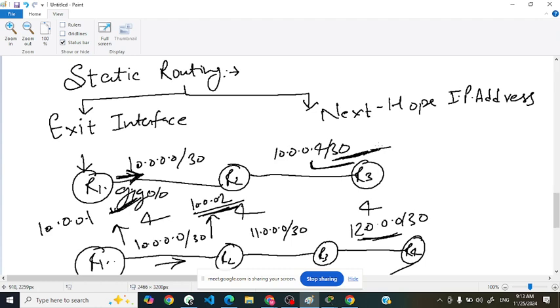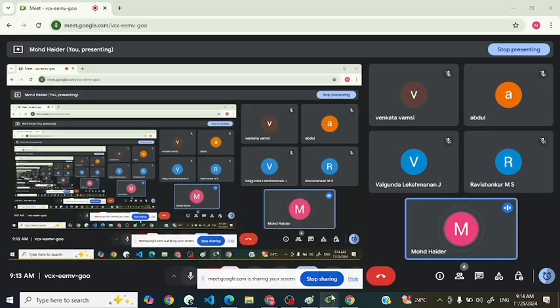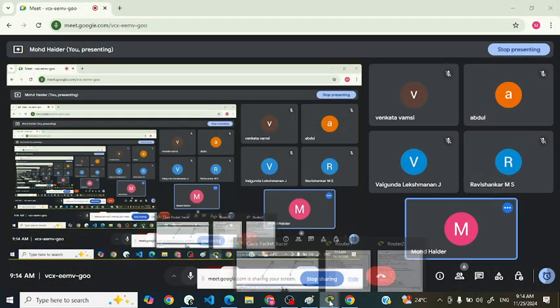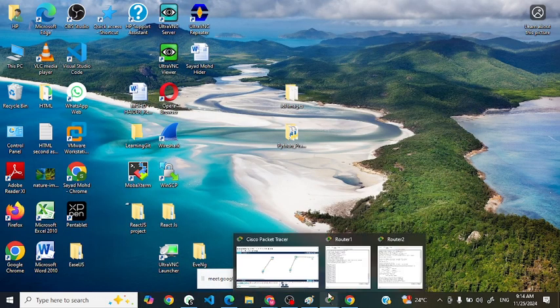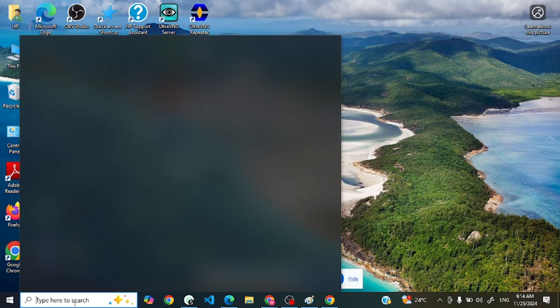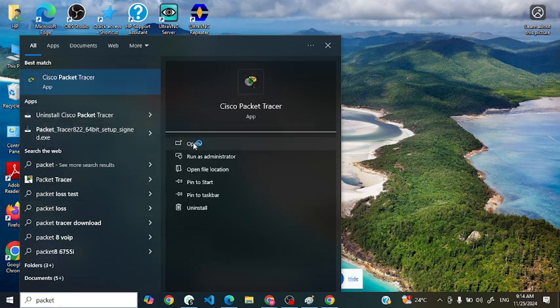Let me do the practical also today only, because if you did the practical today itself, it will be better for you. Anyone has any problem to install the Packet Tracer?